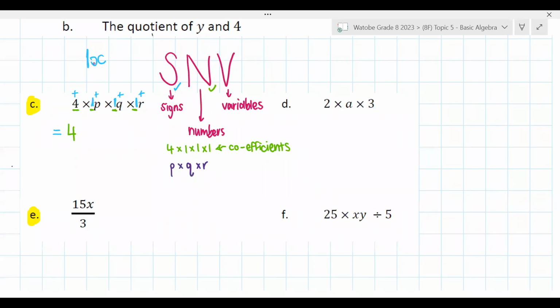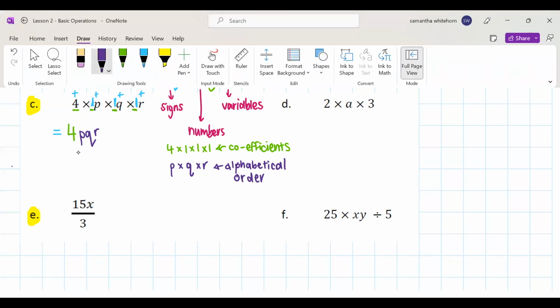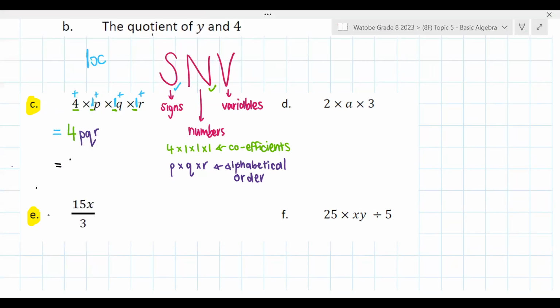That's just P, Q, R. But I do need to make sure I write it down in alphabetical order. Luckily, in this case, I gave it to you in alphabetical order. So this would just be 4PQR. By multiplying all of my values together, I've got my final simplified product of 4PQR.